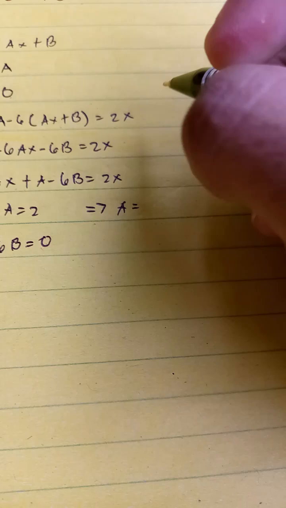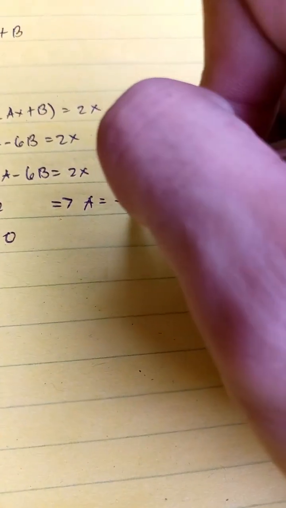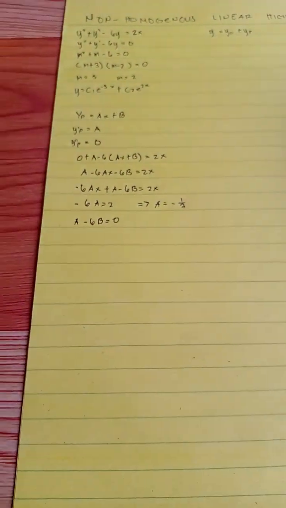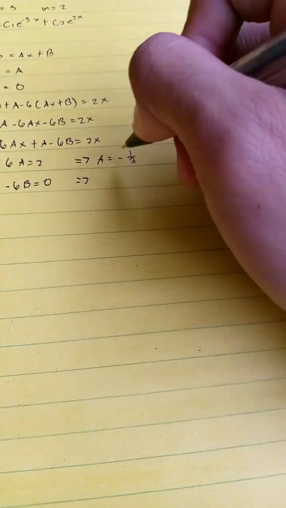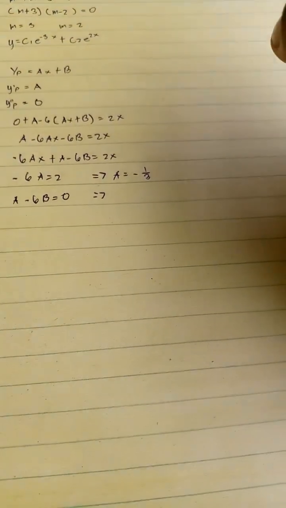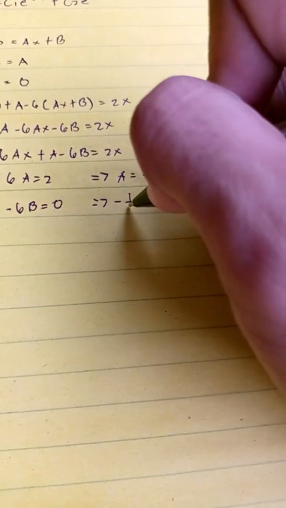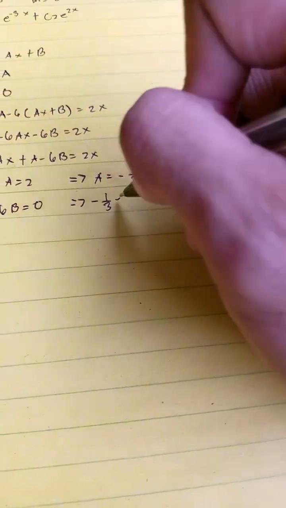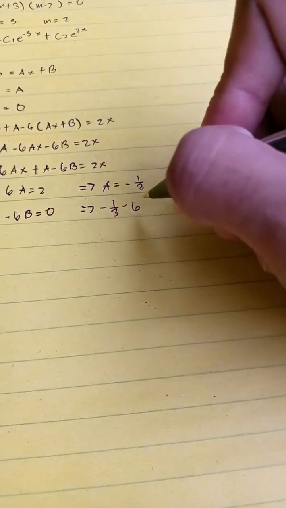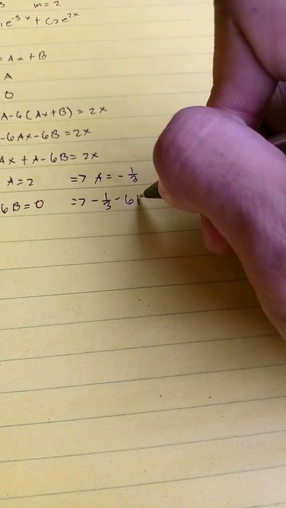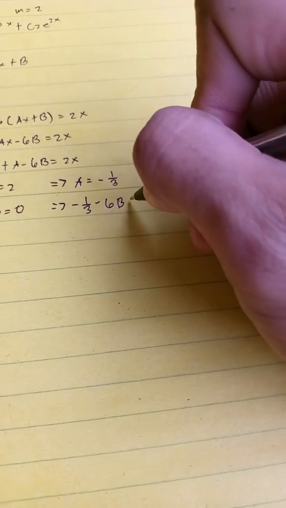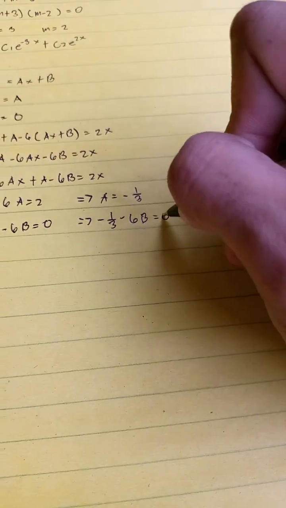Our a is negative 1/3. This one is negative 1/3 minus 6b, and it is equal to 0.